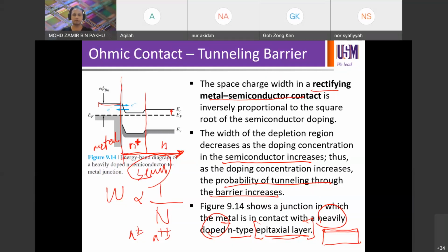How do you tell from the band diagram that the metal is on the left? Anyone? How do you tell that the metal is on the left and the semiconductor is on the right? The semiconductor is quite clear there. How do you tell it's metal?